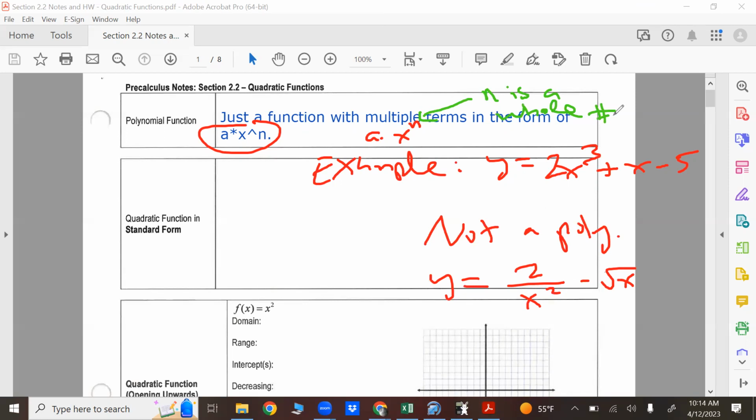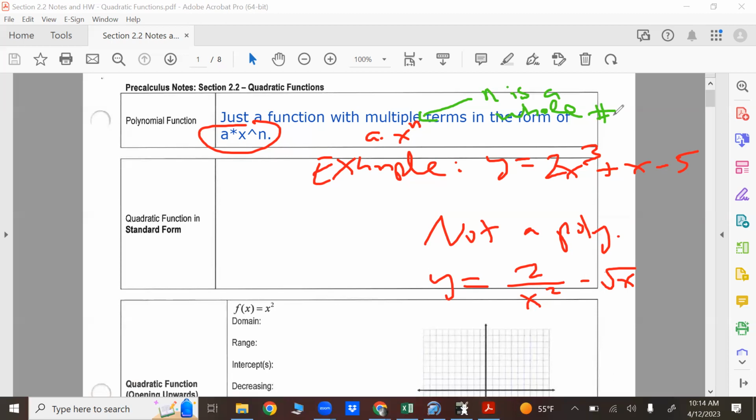What will be the exponent here, by the way? You have x squared on the bottom. What's the exponent? Is it positive or negative? You guys remember this, right?